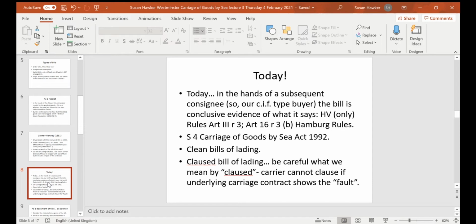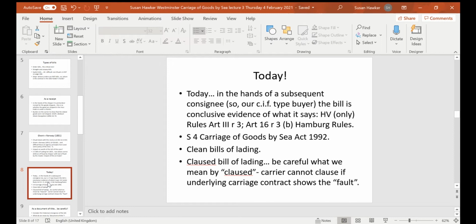If he issues a claused bill of lading, he is safe from the consignee suing him because the goods are not in the condition the bill of lading suggests. But the problem is that's going to put his shipper under pressure, and the shipper will undoubtedly put pressure on him to put a gloss on the bill of lading.